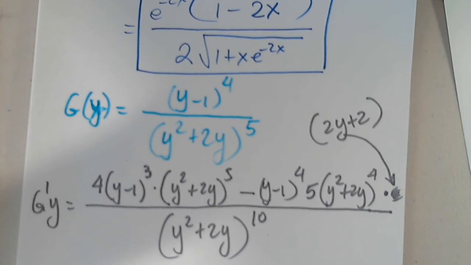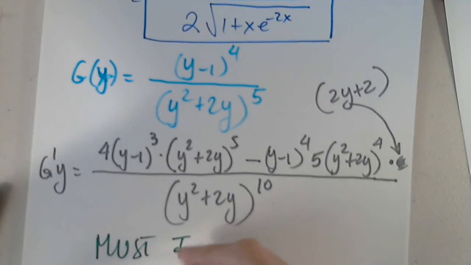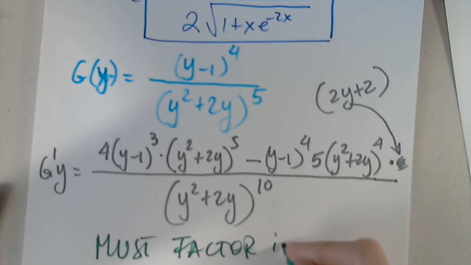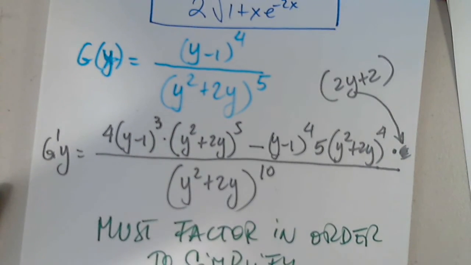This is a very important type of problem. Why? Because we must factor to simplify. Must factor in order to simplify. If you don't factor in order to simplify, you're never going to be able to finish.